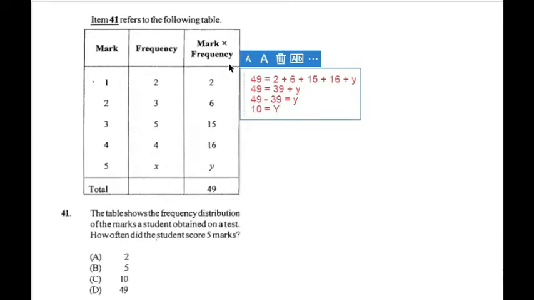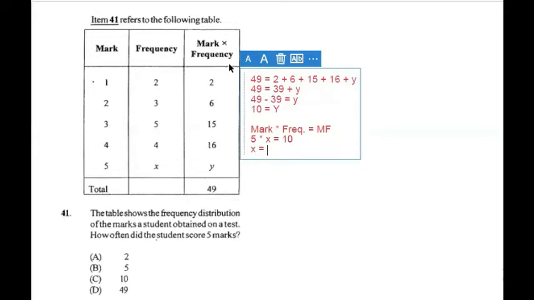So now we can use the last row: 5 for the mark, x for the frequency, and y, which is 10, for the mark times frequency. So it's mark times the frequency equal to mark times frequencies, and we have the mark, which is 5, multiplied by the frequency, which is x, and the mark times frequency, which is 10, the y that we found.